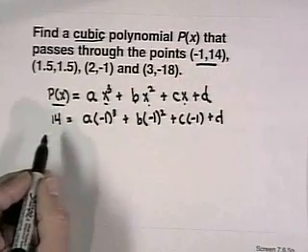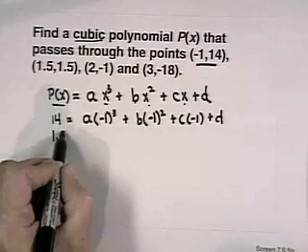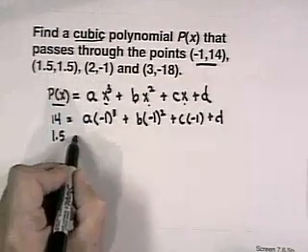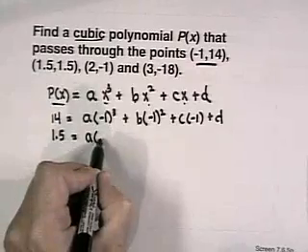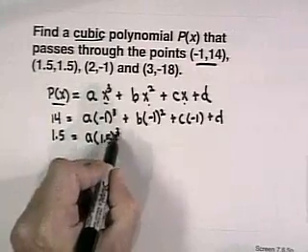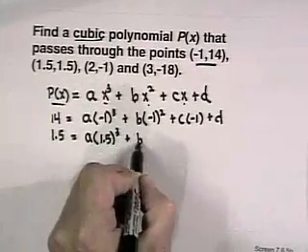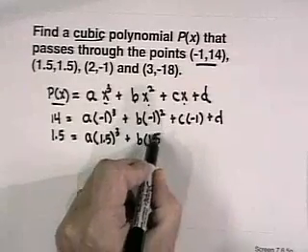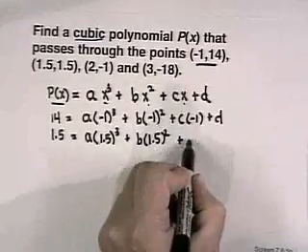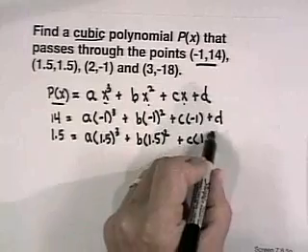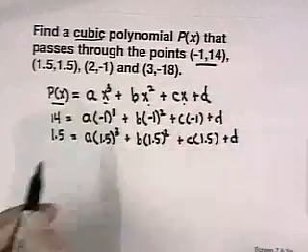My second equation would be 1.5, I'm using this one now, equals A times 1.5 cubed plus B times 1.5 squared plus C times 1.5 plus D.